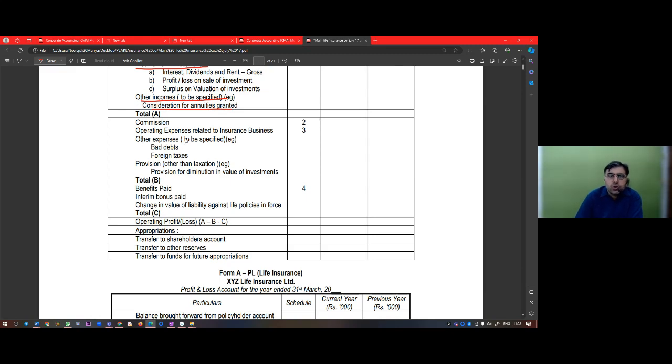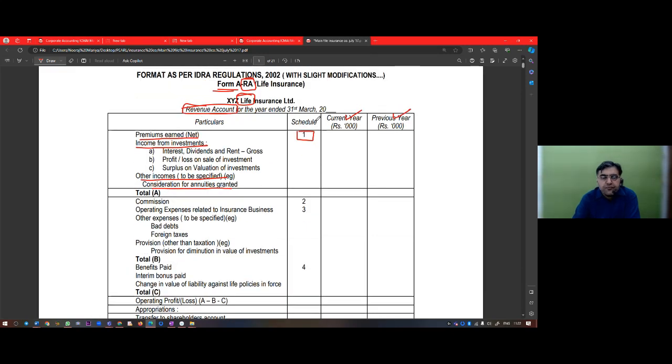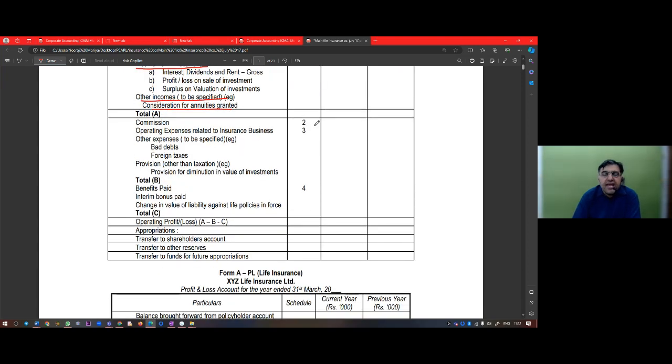So the first schedule is premium as income, and then other incomes, which include income from investment and others. Expenses include commission, operating expenses, mainly, and benefits paid. That is an expense.